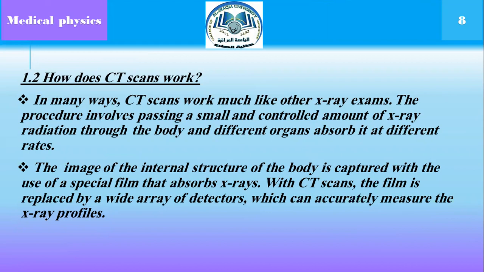The image of the internal structure of the body is captured with the use of special film that absorbs X-rays. With CT scans, the film is replaced by a wide array of detectors, which can accurately measure the X-ray profiles.